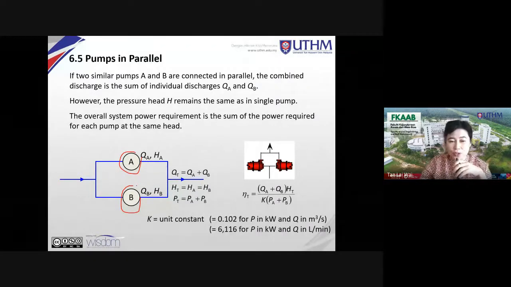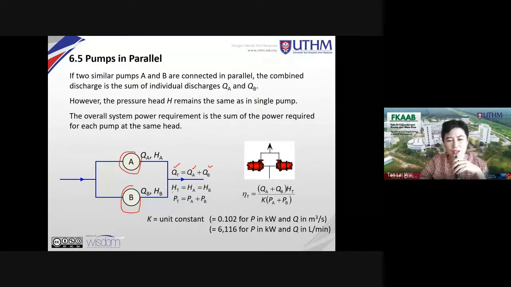It could involve more than two pumps, which are arranged in parallel. Last class we have already learned if the pumps are installed in parallel, then the Q will be the summation, QA plus QB.